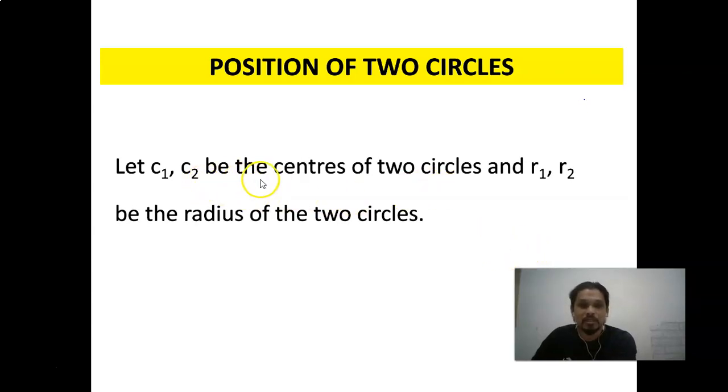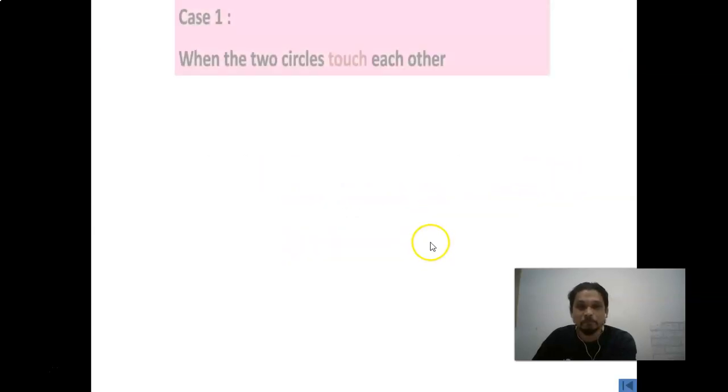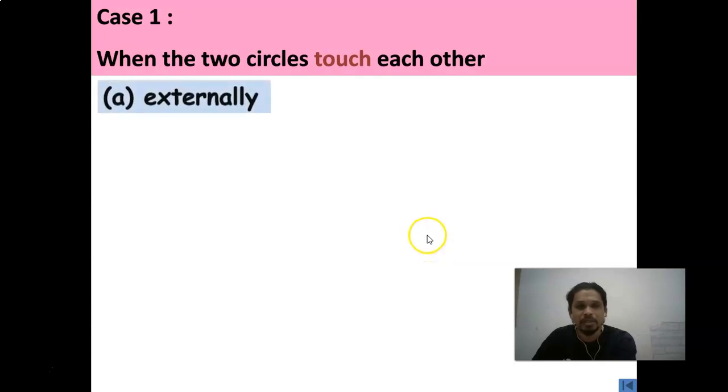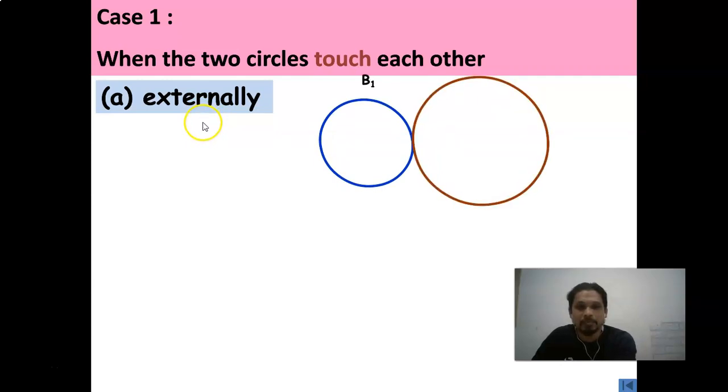Let C1, C2 be the centers of two circles and R1, R2 the radii of the two circles here. When two circles touch each other externally, it means that both circles are not inside each other. The smallest is not inside the biggest one, but outside, so they touch externally from outside here. This is the point of intersection.